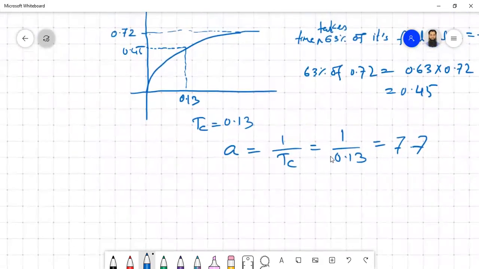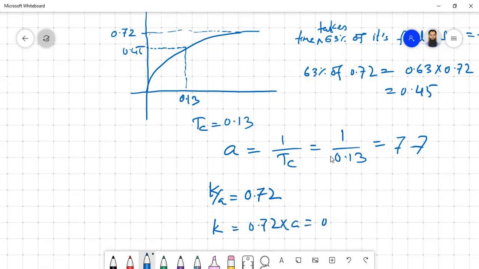What this means is K by A is basically 0.72. We already know the value of A. So K is basically 0.72 into A, that is 0.72 into 7.7, which is 5.54.